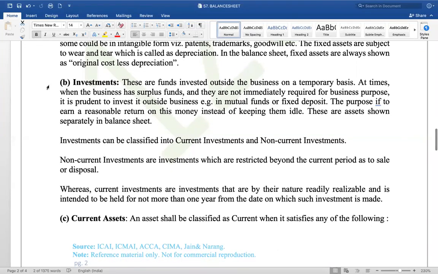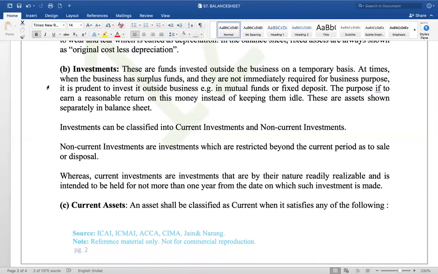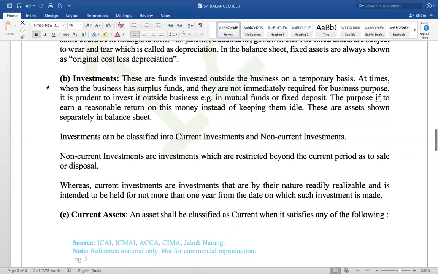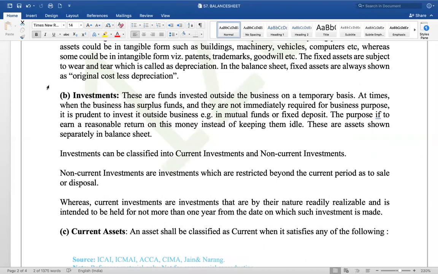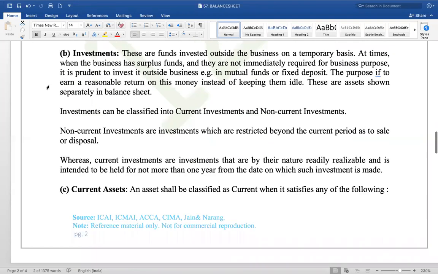Minus depreciation, right? And the word used for trademarks, patents and goodwill is amortization. Amortization, right? Let's come to investments. These are funds invested outside the business on a temporary basis.